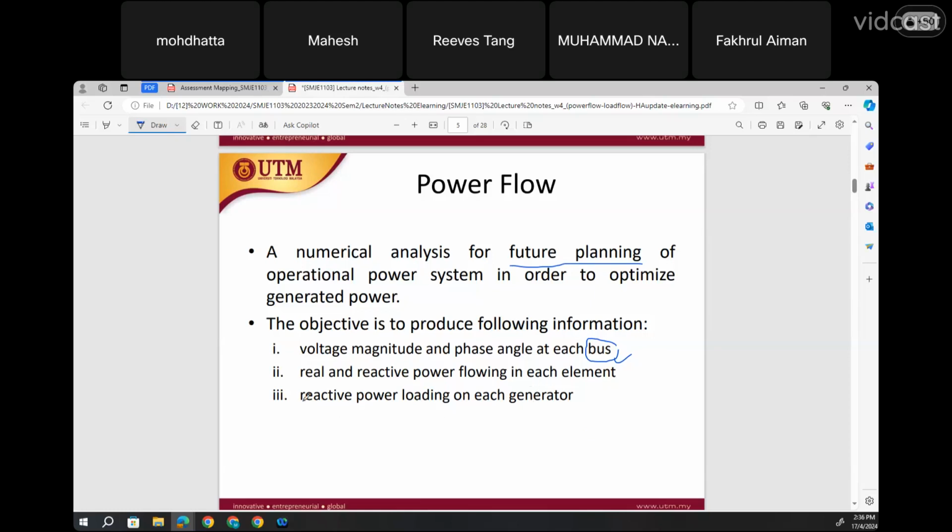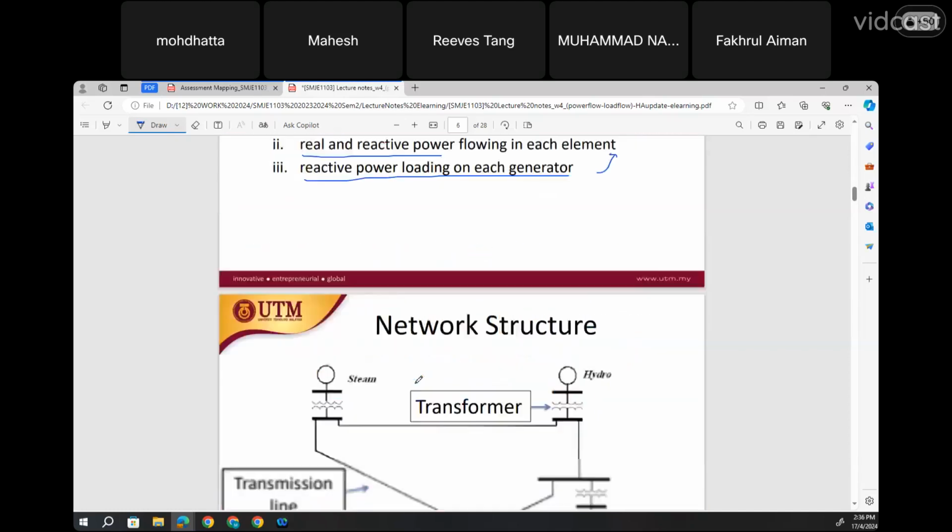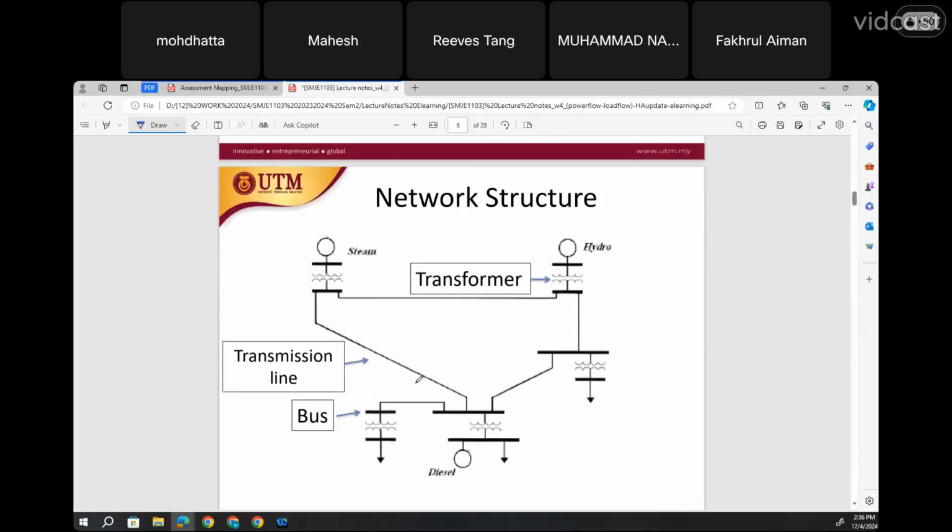And also reactive power loading on each generator. Basically, this is derived from this part. If you know the real and reactive power in each element, it includes the generator as well as the load. This is what we have in our power system network structure.